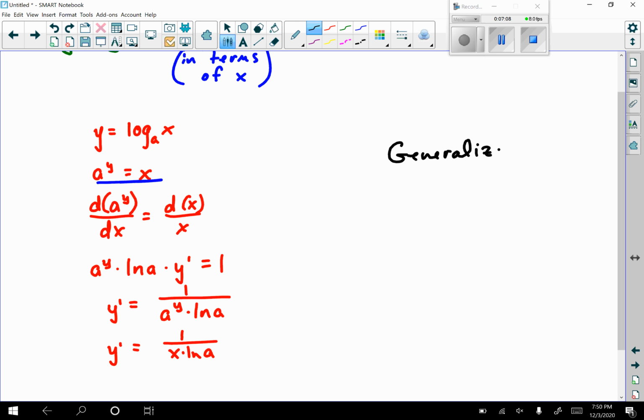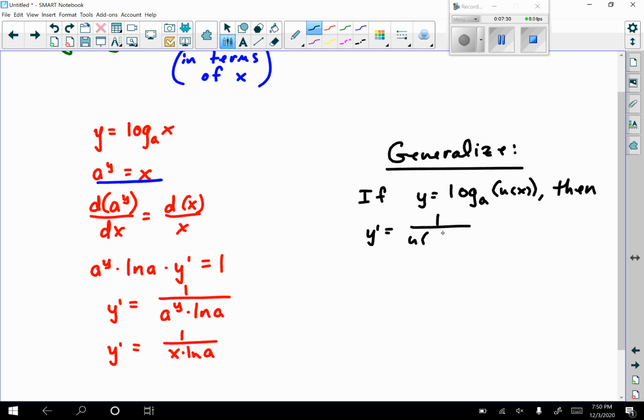So to generalize, we'll just say if y is equal to log base a of u of x, again, keep in mind u of x has to always be positive. We'll have to remember that when we actually get to our problems here. Then y prime becomes 1 over u of x times the natural log of a times u prime of x.